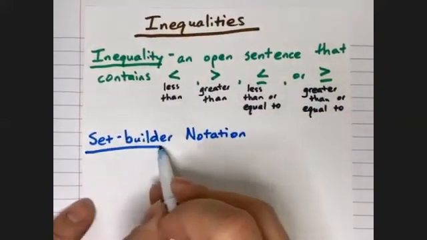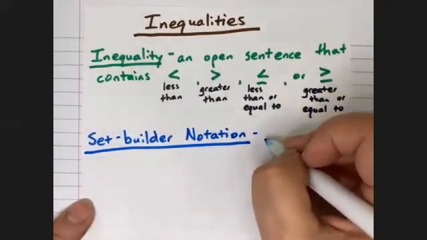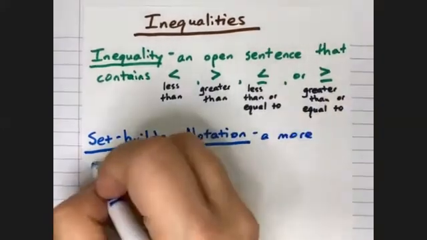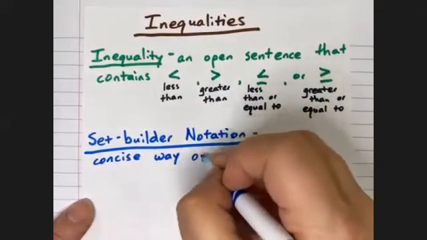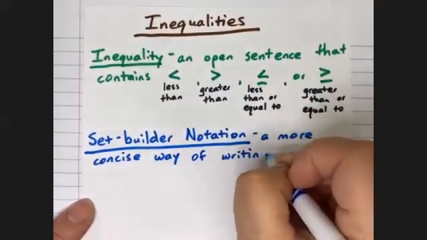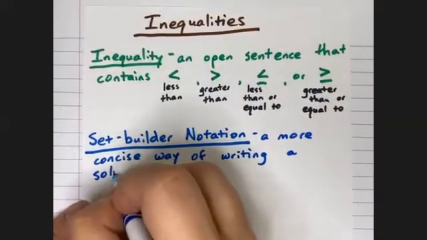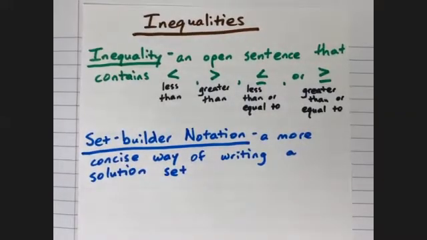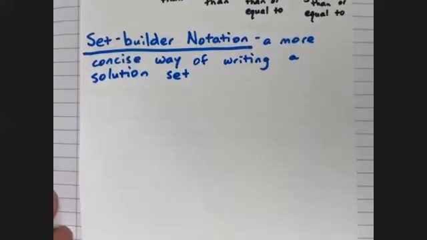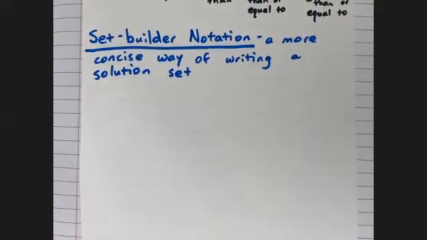All right, so set builder notation is supposedly a more concise way of writing a solution set. I never thought it seemed super concise, but I guess when compared to all the words that it's taking up, then it is. So we're going to now do several examples, and we're going to have our answer in set builder notation. This is going to be particularly helpful for Algebra 2, just so you know.